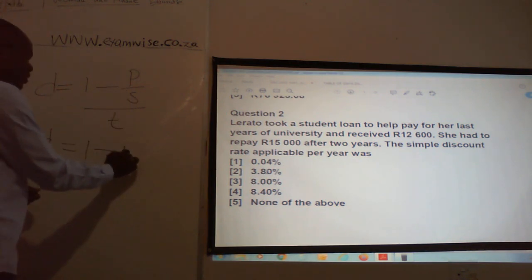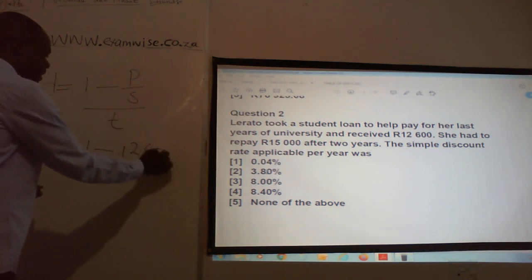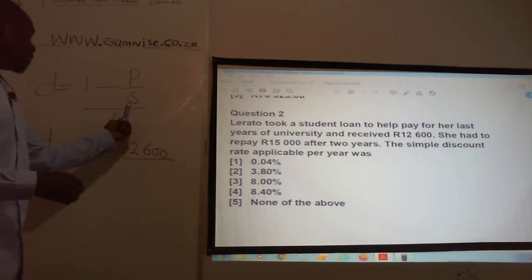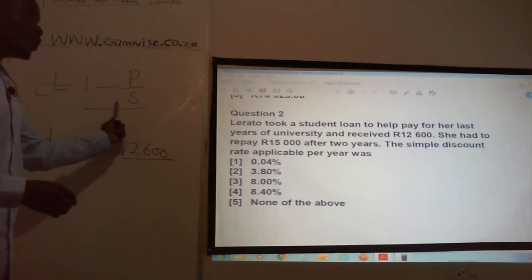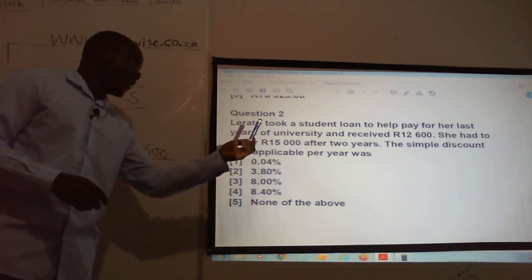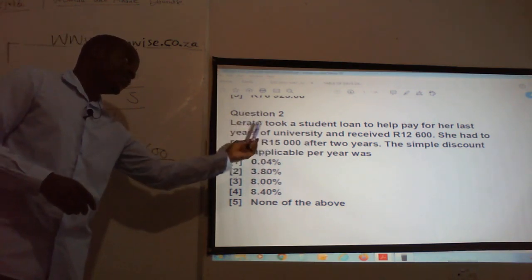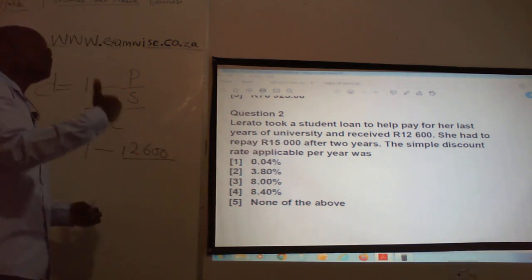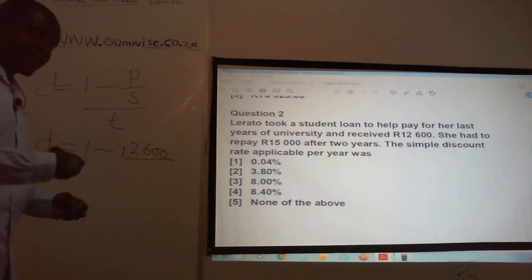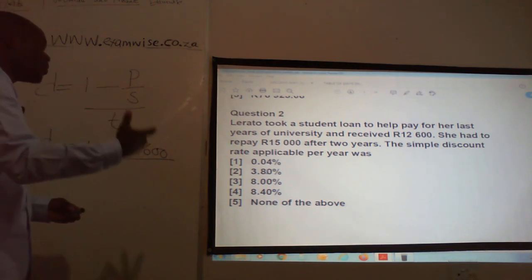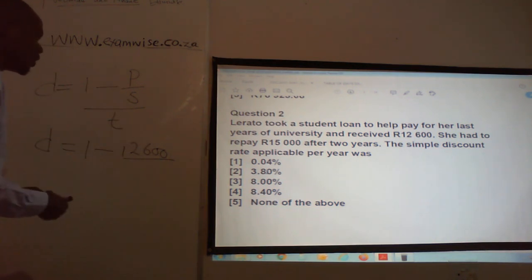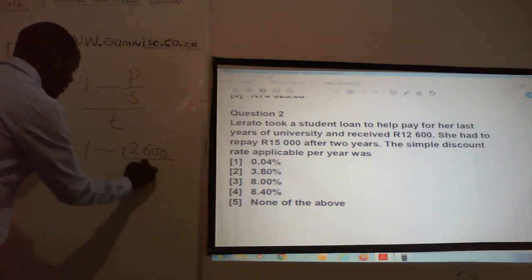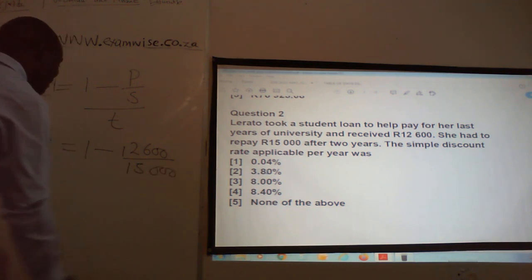So it will be minus 12,600 then divided by the sum accumulated or future value. She had to repay 15,000 after 2 years. So she will pay 15,000 2 years from now. The amount that she will pay after 2 years will be our future value. So our S here is our 15,000.